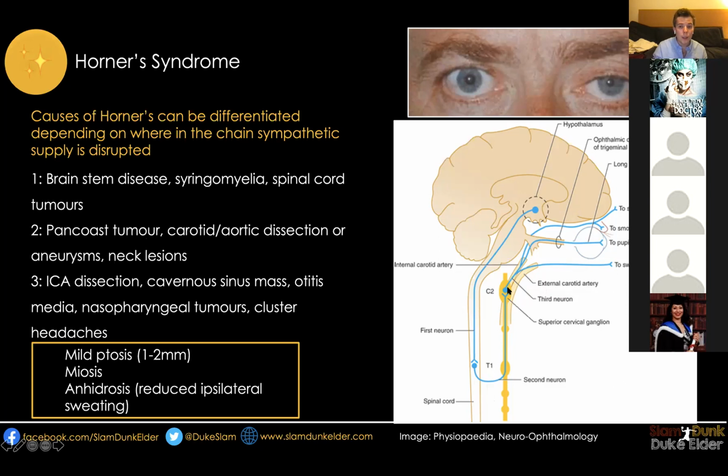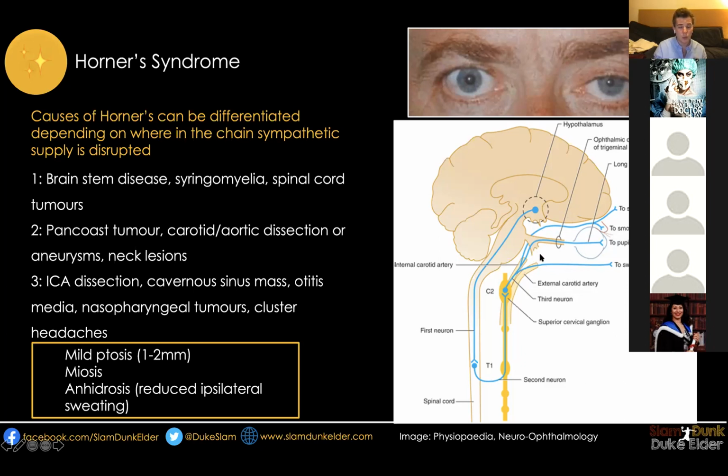And then the postganglionic or tertiary neuron lesions are usually a whole array of things. They can be stuff that's still within the head, so sometimes you might get, for example, cavernous sinus syndrome. You can also get internal carotid artery occlusions or dissections. It also traverses not too far from the ear, so ear pathology can affect it.